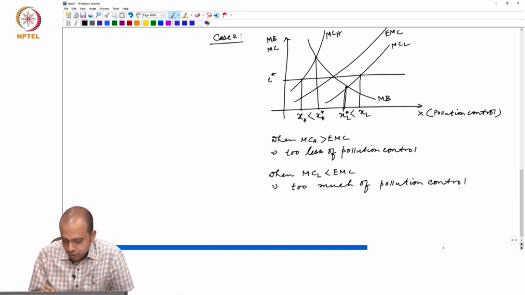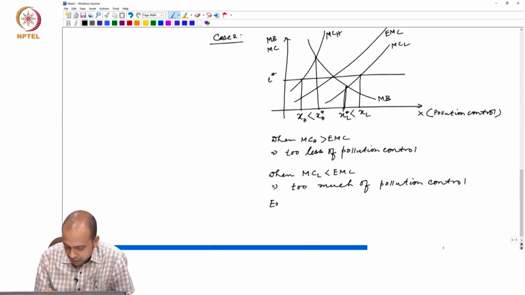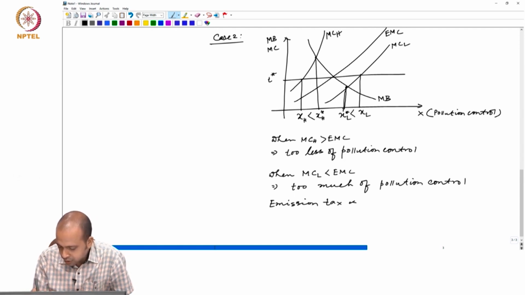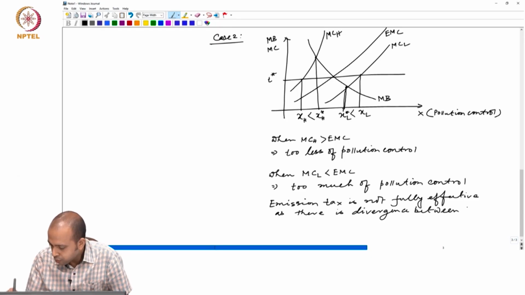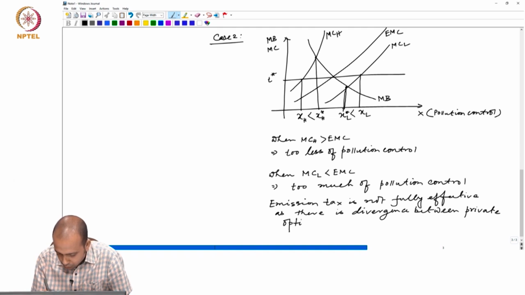Okay. So, the emission tax is not fully effective as there is divergence between private optima and social optima.